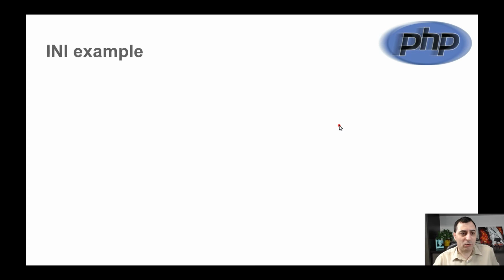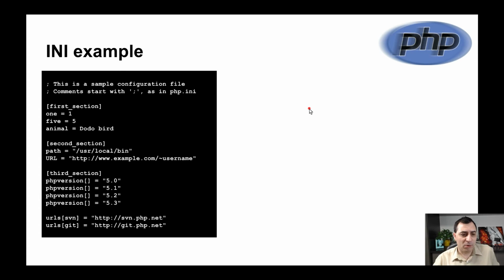So let's take a look at one example so you can understand this better. As you may see here, you have a sample INI configuration file, and you have different sections that are delimited with these values within square brackets. You may also have comments if you need them.